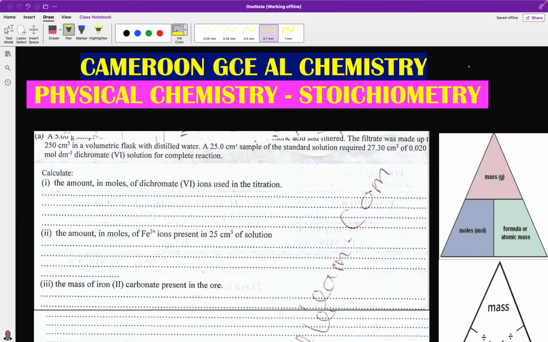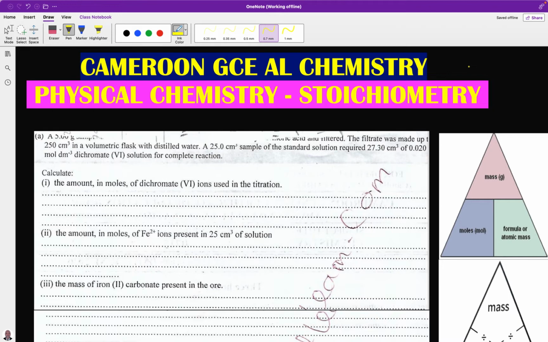A 25 cm cube sample of the standard solution required 27.30 cm cube of 0.020 mole per dm cube dichromate 6 solution for complete reaction. 1.